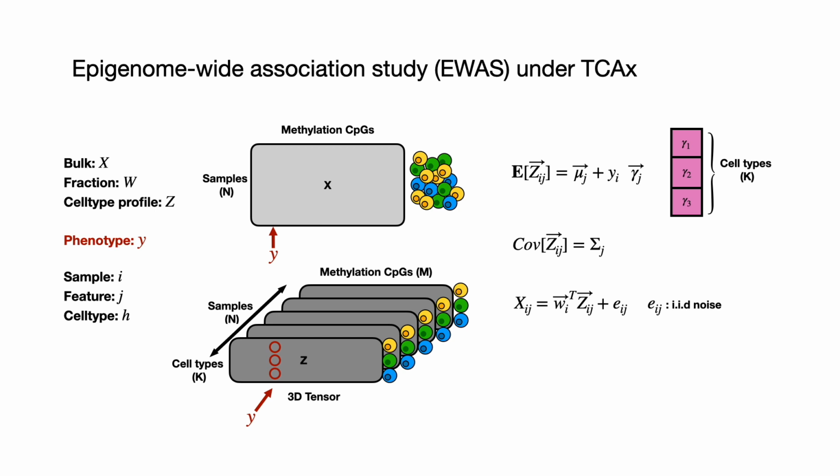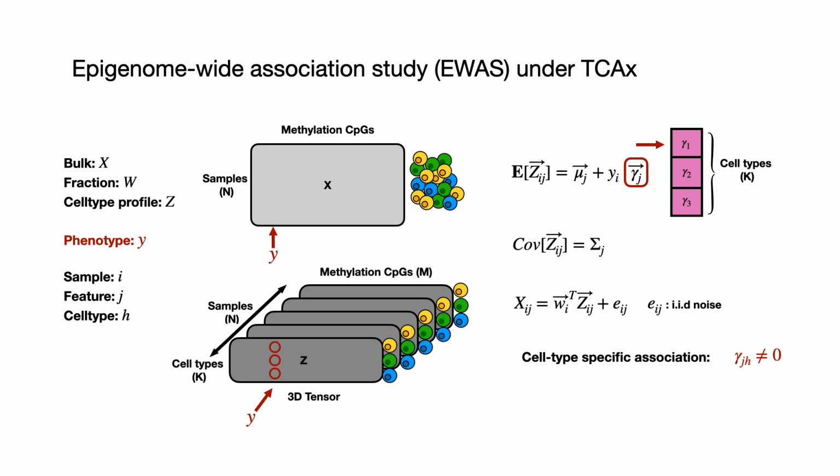And note that this effect size is also a vector that is k by 1. Similarly, we have the covariance structures as before, and the bulk level is modeled as a linear combination plus some IID noise. Checking for cell type specific EWAS hits then reduces to checking for entries in gamma_j that show strong statistical evidence of non-zero effect size.